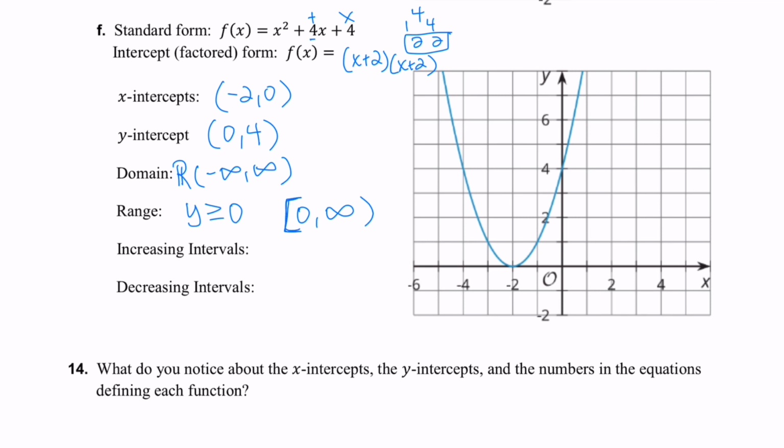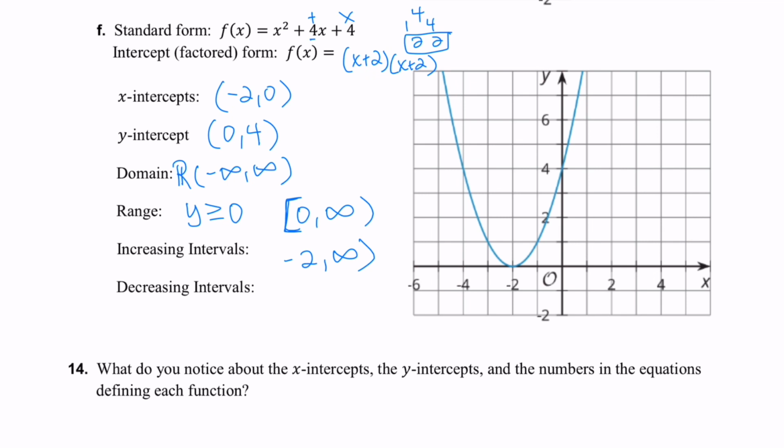Okay, so for increasing intervals, we're going to start at -2 and go to infinity as our x values. So everything bigger than -2 will be increasing. So from -2 to infinity. And we never reach infinity, so infinity is always a parenthesis.